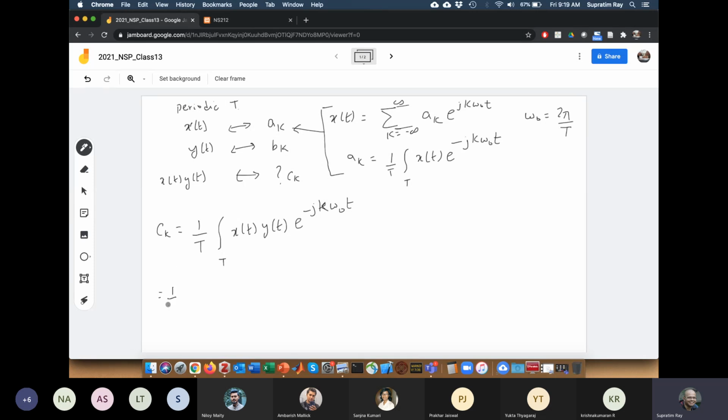So this is going to become the summation over, with some dummy variable m, a_m e^(jm omega_0 t), and with some other dummy variable l here, b_l e^(jl omega_0 t).